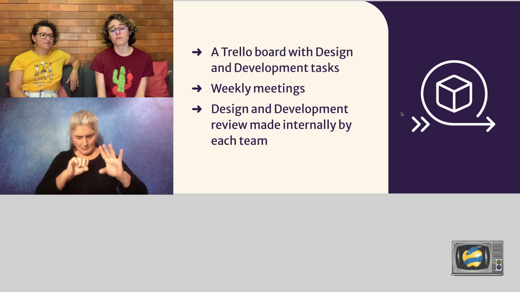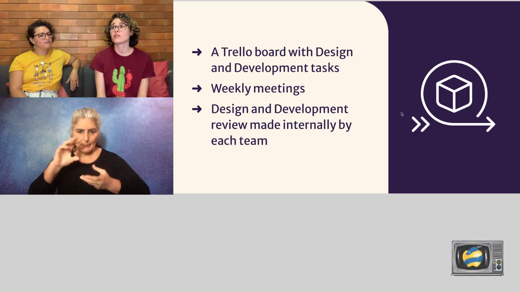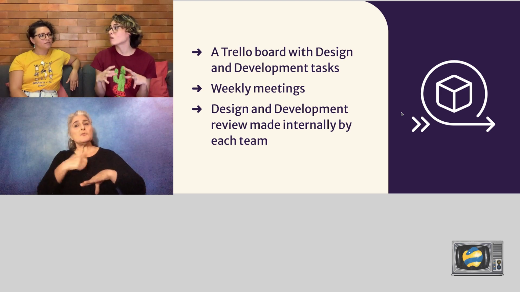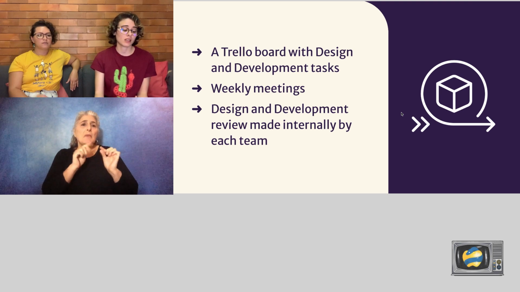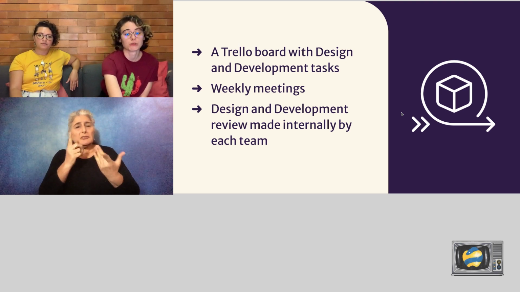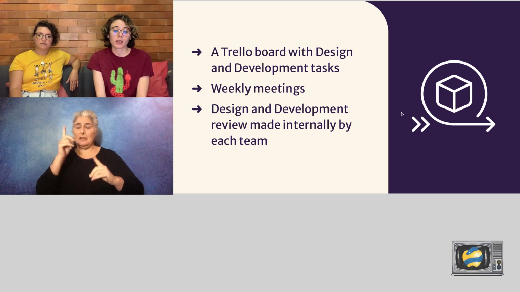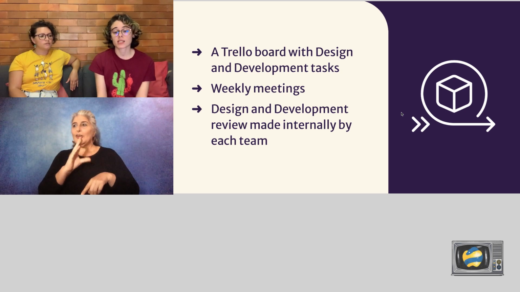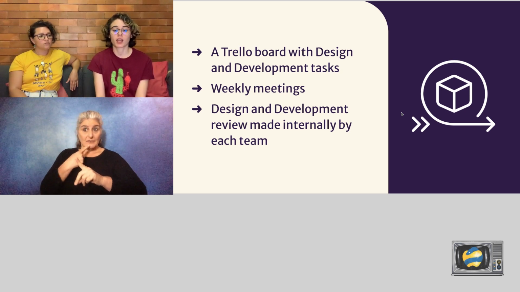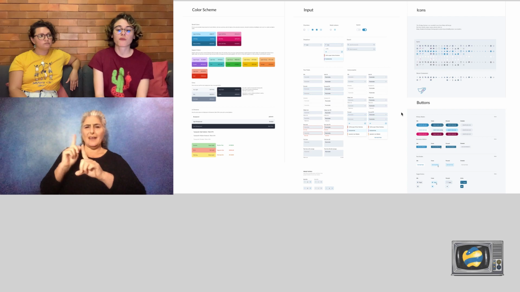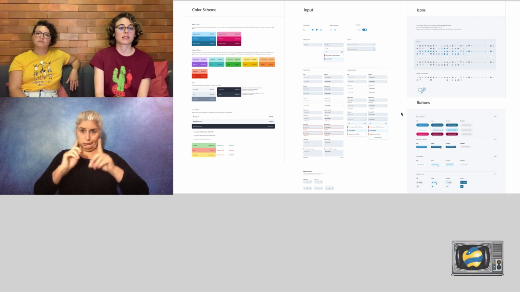We had some small rituals, but not everything was in sync, and it was a bit hard to go on. And the project was already established and had all sorts of styles, but no guidelines at all.